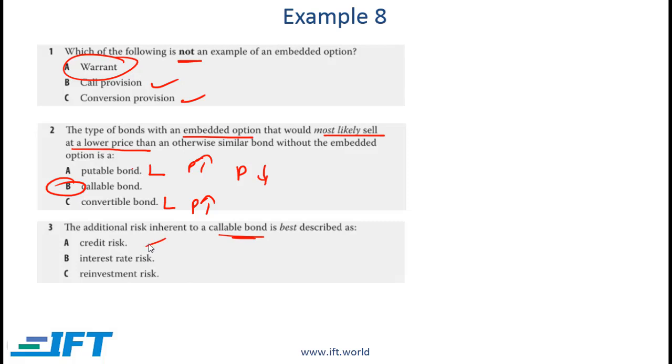The issuer is paying back. Interest rate risk is also not the answer. The big issue is reinvestment risk. With a callable bond, the investor gets his money back when he probably doesn't want it. And the risk is that the money now has to be reinvested at a lower rate. So the issue is reinvestment risk.